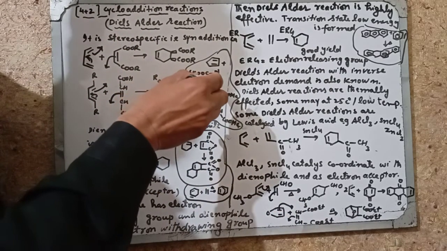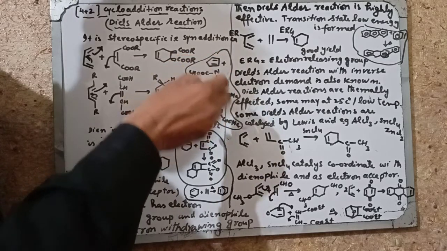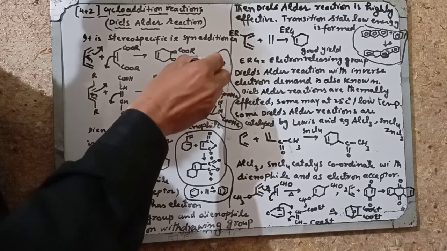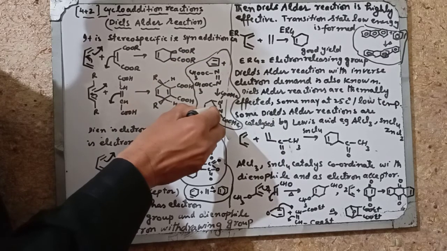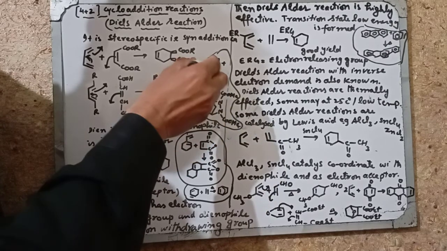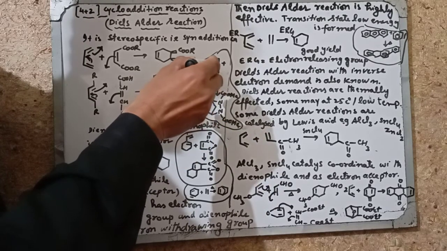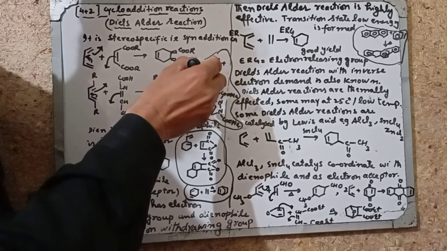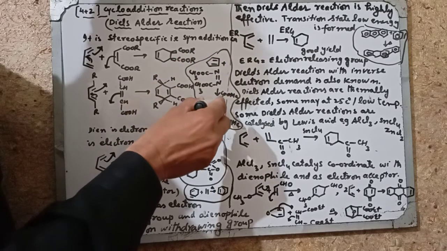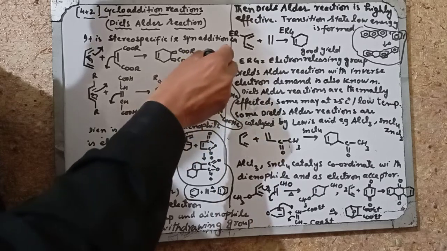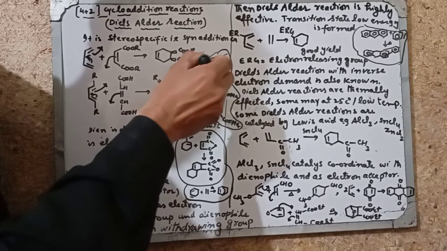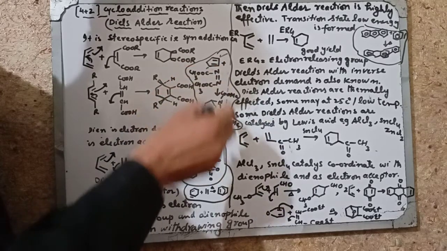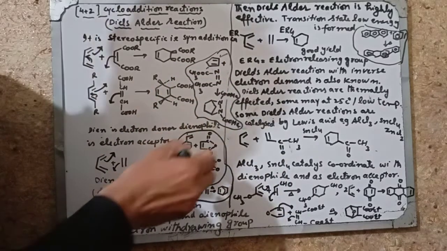This is the dienophile, this is the diene, and when combined, this compound will be formed. Substitution will occur on this carbon and this carbon. This is 1,3-cyclopentadiene. The dienophile will attach on this carbon and this carbon. The double bond will break in the dienophile. Any other examples?